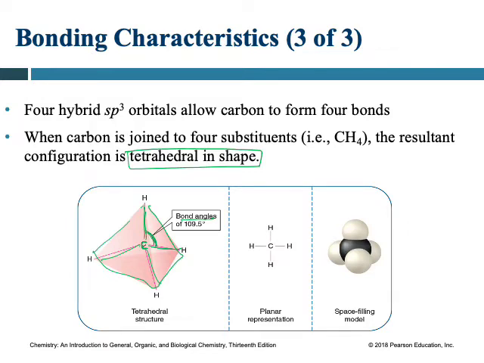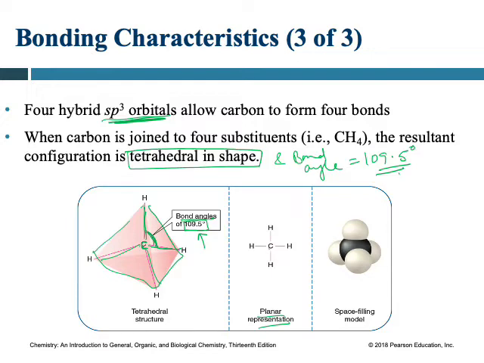It is 109. So you have to remember this. In an sp3 hybridized orbital or sp3 carbon, the shape is tetrahedral and the bond angle is 109.5 degrees. So you have to remember this, right? And this is the planar representation, how you normally draw it in 2-dimensional space, carbon with 4 hydrogens.